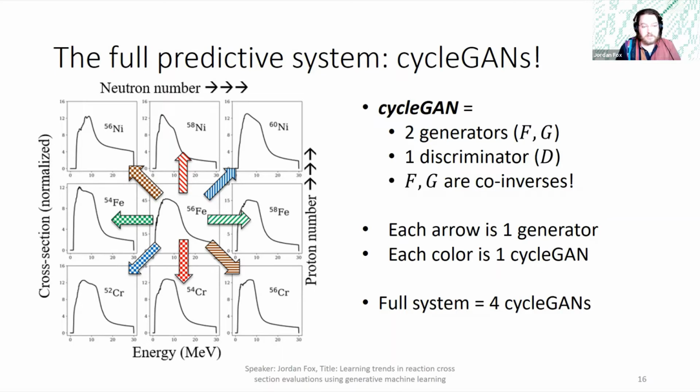Now, each of these colors, which contains the co-inverse pair, so up and down, for instance, are the same color, left and right. Those represent the cycleGANs here. So our full system is then 4 cycleGANs that are all independent in training, but they are all then leveraged to do the same predictions in the end.